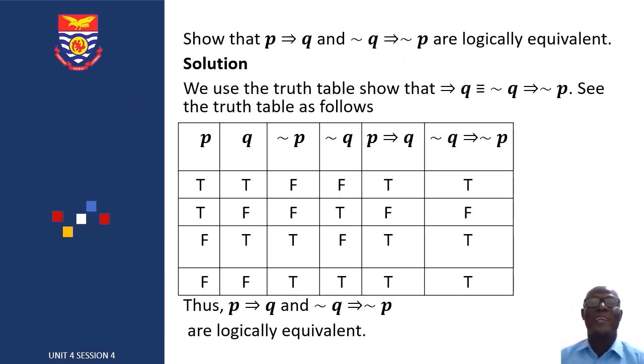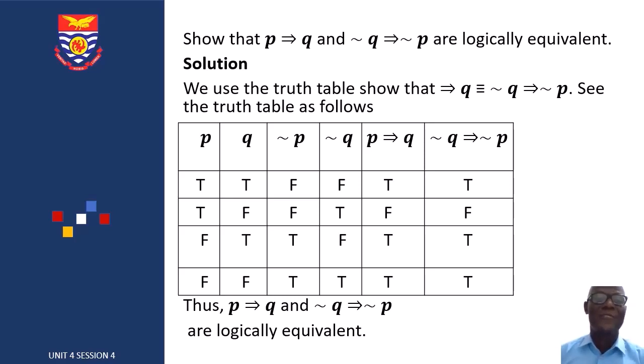We are to show that if P implies Q and the negation of Q implies negation of P, then they are logically equivalent. Now, in the truth table below, we find the negation of P and the negation of Q. Then we find their implications.